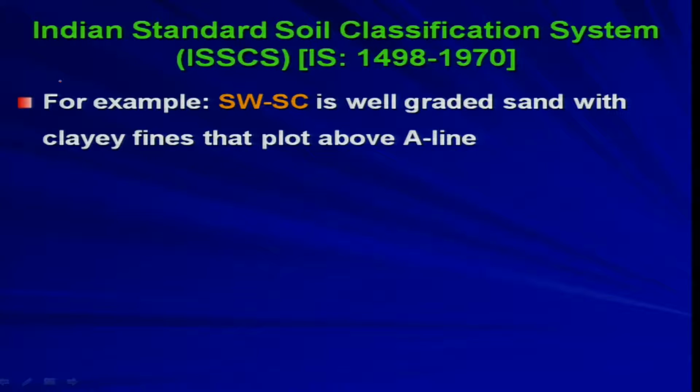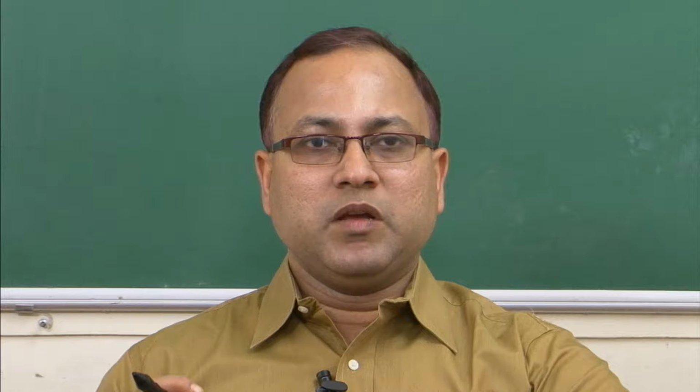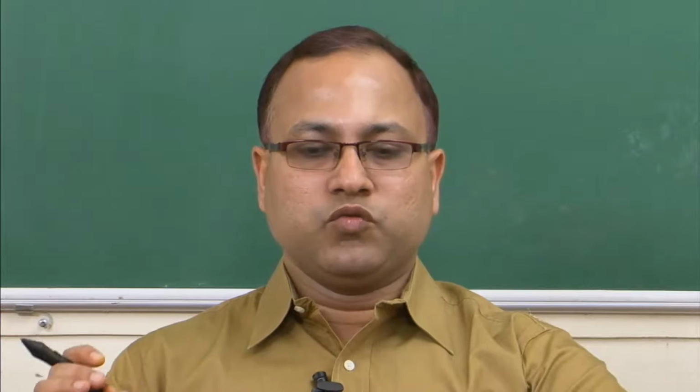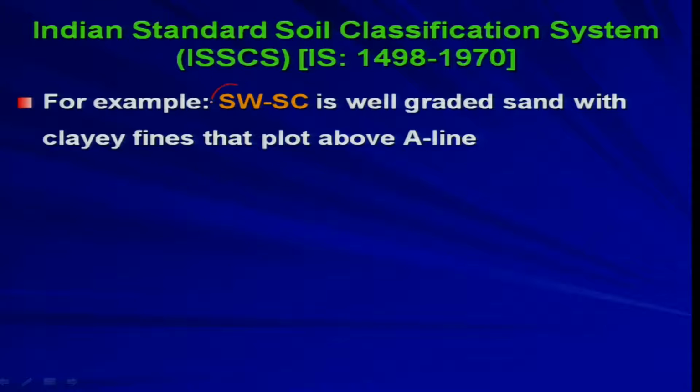Now, let us see, for example, in the borderline you are proposing the dual symbol SW-SC. What does it mean? Whenever the notation is SW-SC, then immediately it will come to my mind that the soil is coarse grained and the fine particles, that is less than 75 micron, are between 5% to 12%, and it is well graded, because as we have seen in the last statement, the first part tells about the gradation of the coarse grain soil.